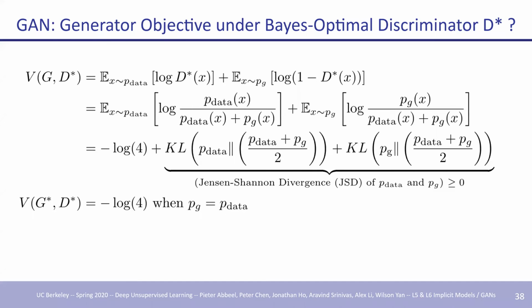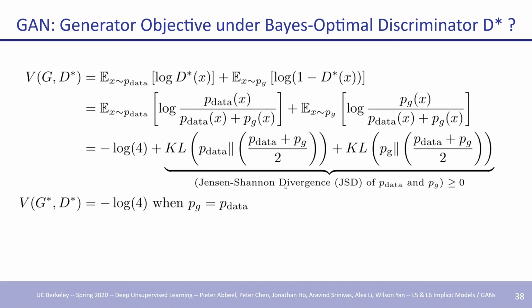As we can see, we ended up with the KL divergence of P with half of this, and the KL divergence of Q with half of this. So this is actually the Jensen-Shannon divergence. The whole idea is that the loss function we use for GANs is actually the Jensen-Shannon divergence that we're optimizing for.